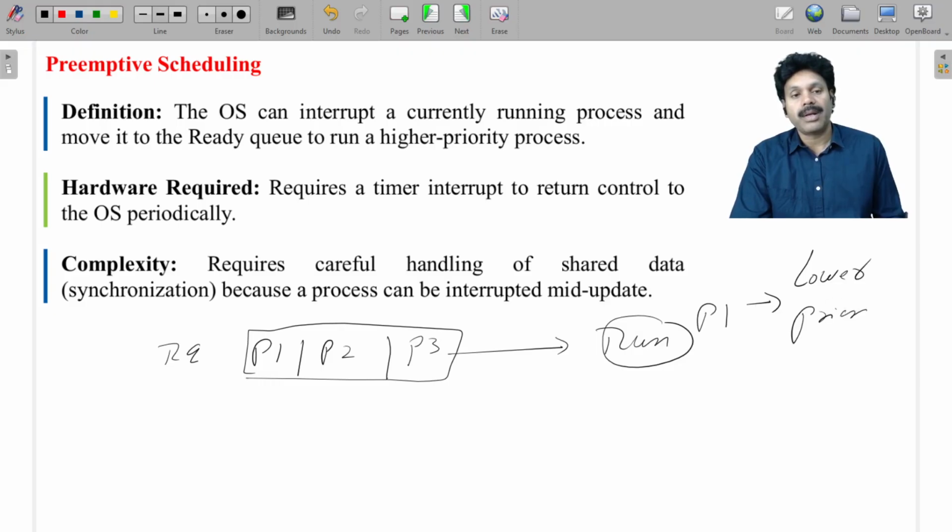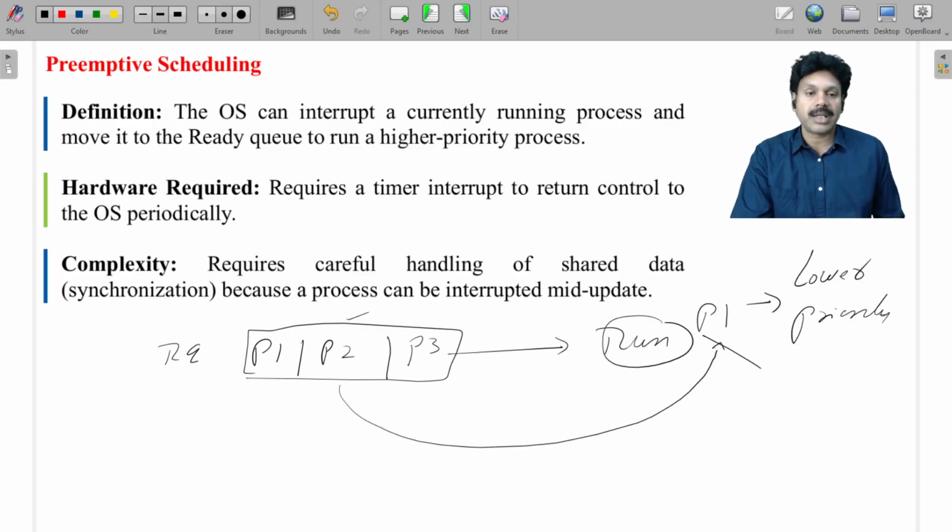Then what happened? Whenever a higher priority process, P2, arrives, it immediately suspends P1. It suspends P1, which indicates that it has been removed from the run state and P2 gets to occupy it. Now P1 is paused because it is preempted.